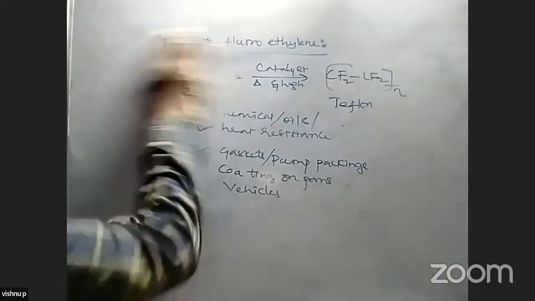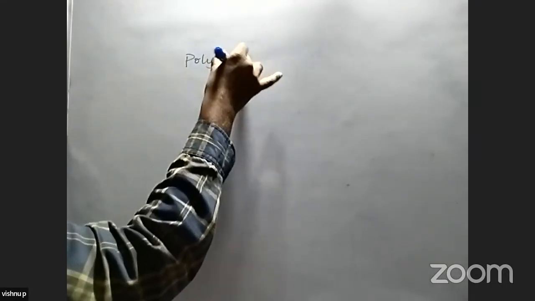Polytetrafluoroethylene. After that, the next type of polymers are polyesters, where ester compounds are present.